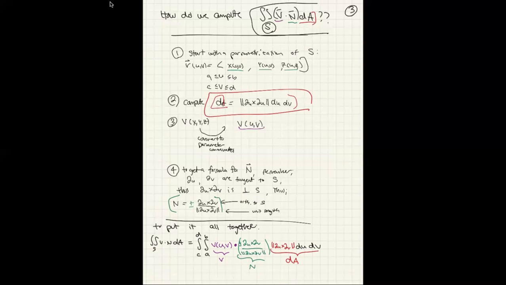So to simplify matters, this whole thing becomes the integral from c to d, a to b, of v of uv dotted with partial u cross partial v, with a plus or minus in case we get the sign wrong, du dv. And this is how you actually compute it after you have a parameterization.